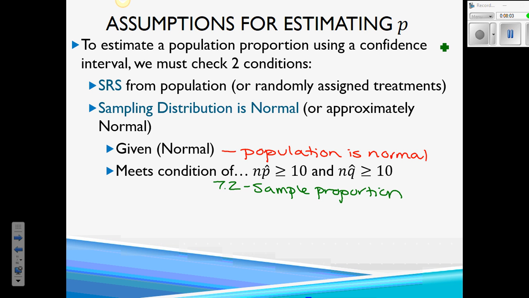Does anyone remember what we talked about? Like np, nq, what were those? Very good. It's the number of successes and failures. So you must have at least 10 successes and 10 failures to assume that your sampling distribution will be approximately normal.